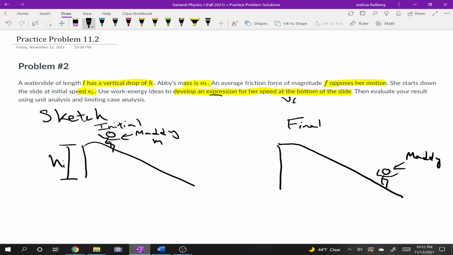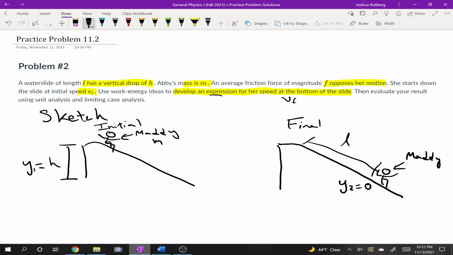She now has a height of 0, so let's call that y1 is equal to h, y2 is equal to 0. The distance that Maddie has gone is L. That's what the length of the water slide tells us.